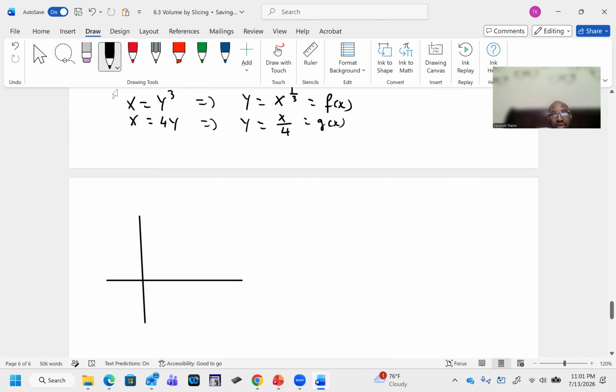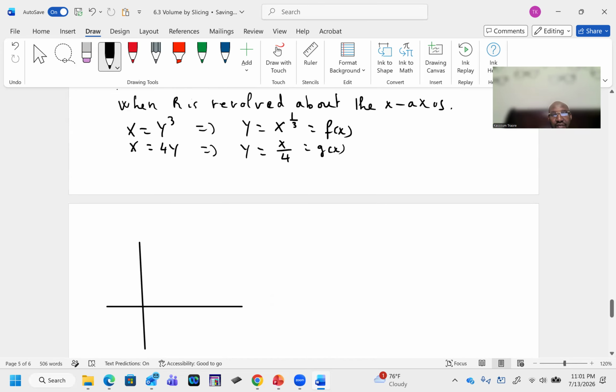So if you look, if I sketch the graph, x is equal to y cube, this graph will be something like this. But the graph of y is equal to x divided by 4 is a line.